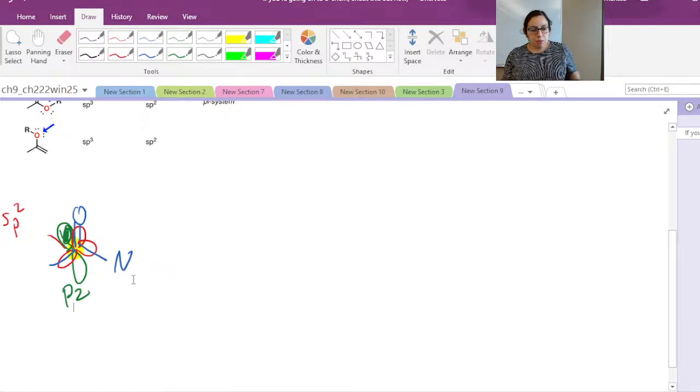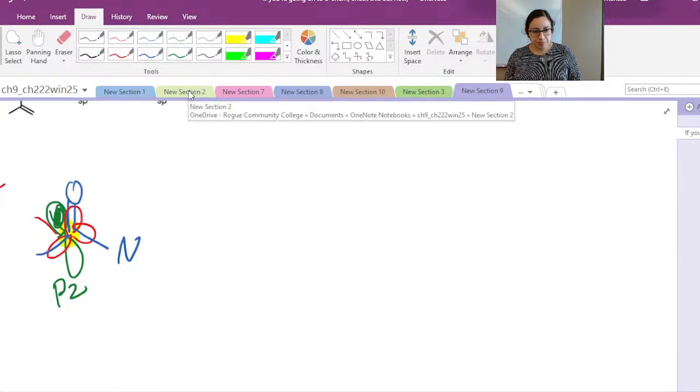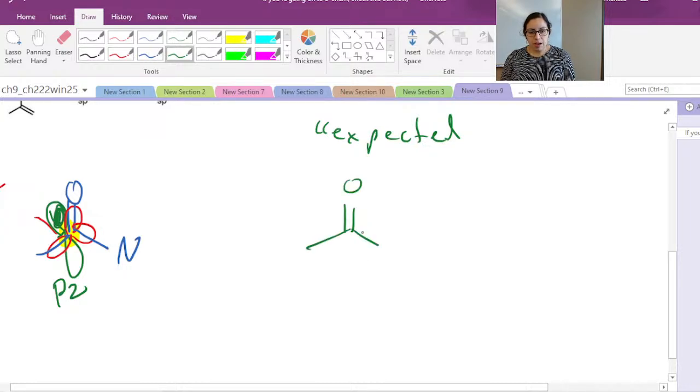And so now if they want to interact, basically they have to be in phase. They have to be the same. And so now what we're saying is, let's go back to our expected structure. So now we have our sp2 carbon here, and it has our pz there, as we're calling it.